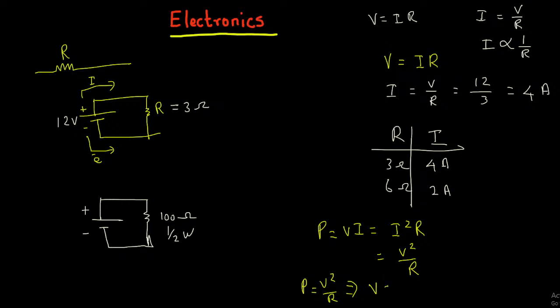If we do that, V becomes square root of P times R. P is power, that's half a watt, and the resistance is 100 ohm. So we are going to have square root of 50, which is almost square root of 49, and if you calculate this, you're going to get 7.07 volts, and that's the maximum voltage here.